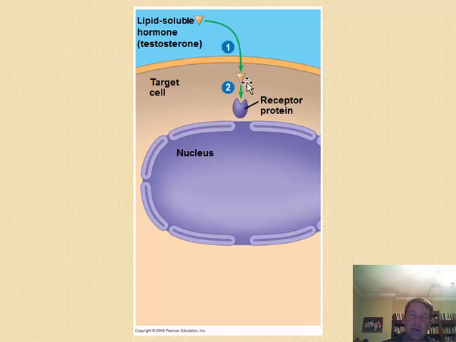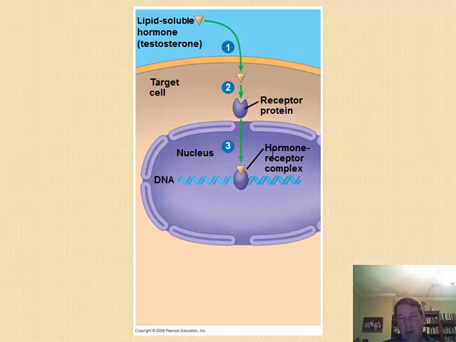Lipid-soluble hormones like steroids go into the nucleus with the protein complex, and then act on the DNA that's inside the nucleus. So the response is not just taking place in the cytoplasm of the cell. We're going into the nucleus, and it's going to change the code there.